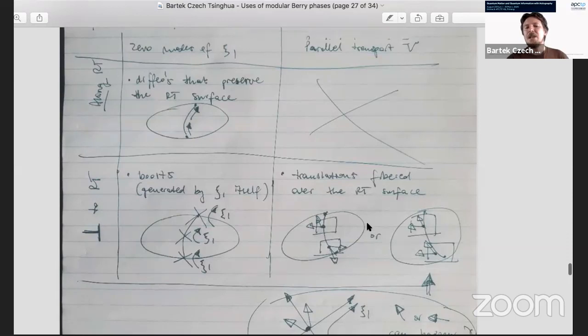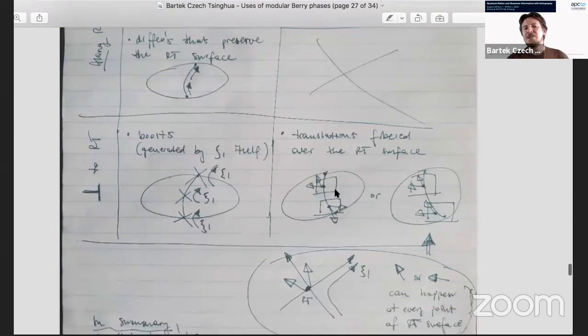Okay, and here I drew just two extreme cases of what can happen. In one case, I will be translating my point in the same way here and there. This looks like a rigid translation that's acting on the RT surface. And an opposite situation, qualitatively speaking, is if different points on the RT surface will get translated in opposite directions.